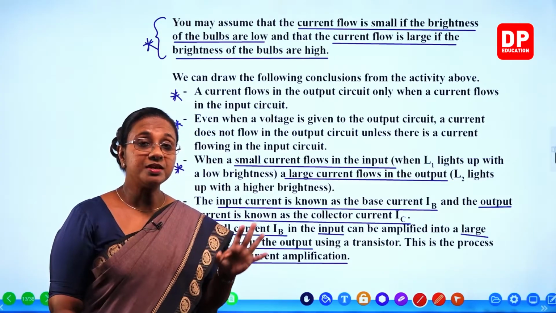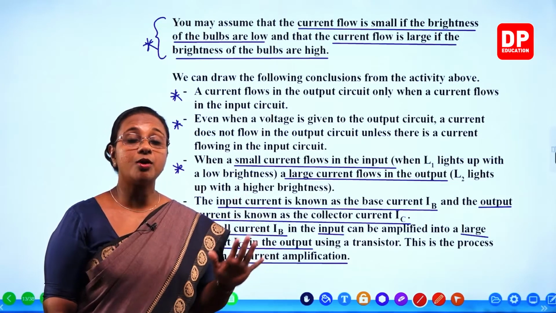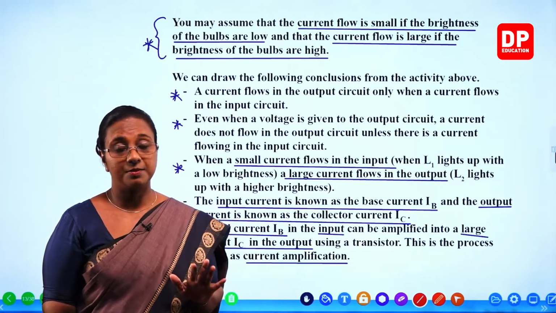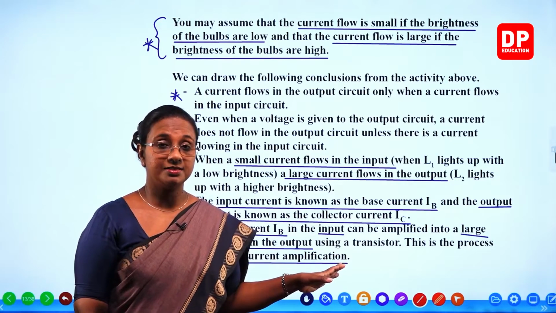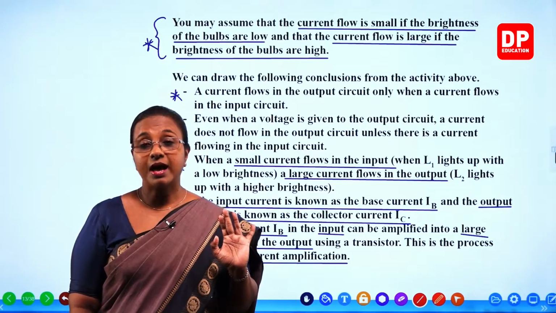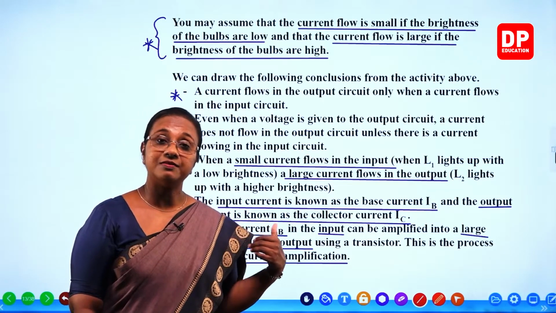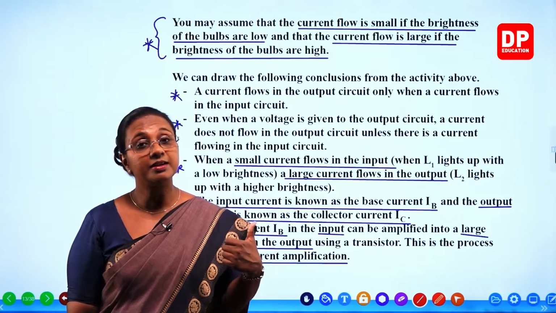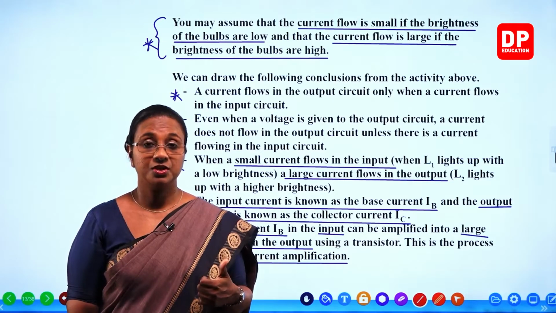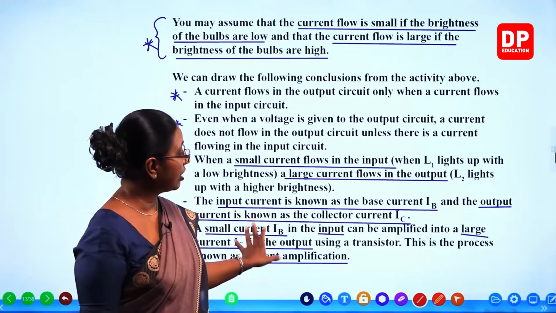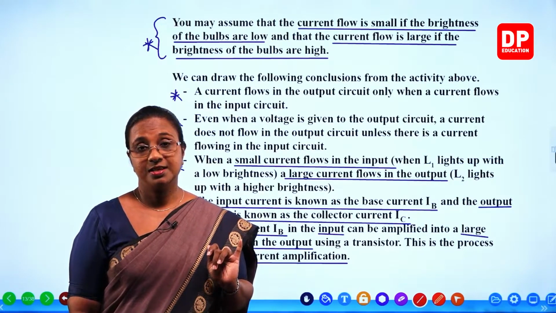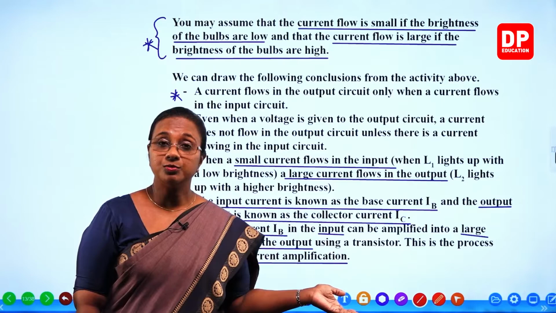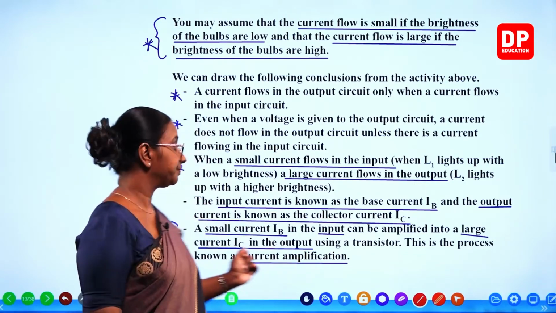Here we observe the current amplification by observing the brightness of the bulb. That is one function of the transistor, acting as the amplifier, and the first process is the current amplification process. You all saw the activity and understood what happens during this process. With that, students, I am going to move on to the next slide.